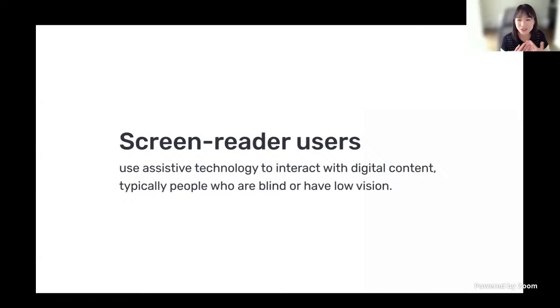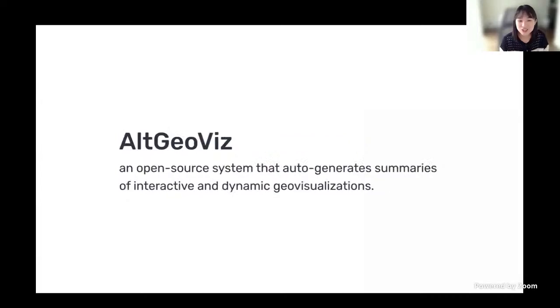So maybe just close your eyes for like 5 seconds and imagine interacting with geovisualizations as a screen reader user. It's not so easy, right? So to address this challenge, we created AltGeoViz, an open source system that auto-generates summaries of interactive and dynamic geovisualizations.